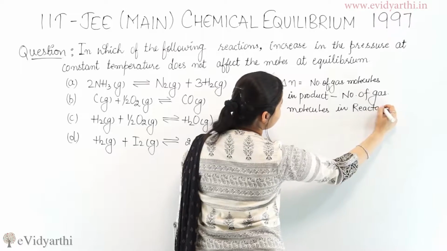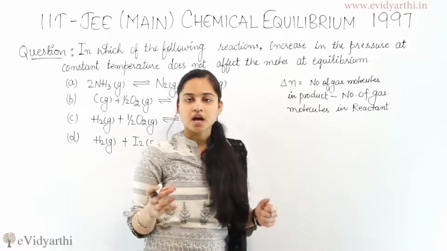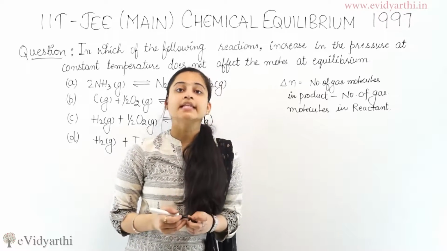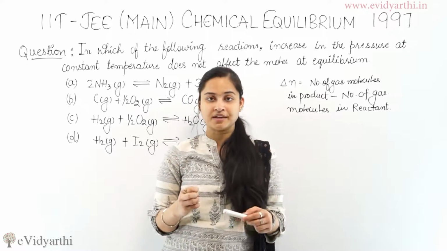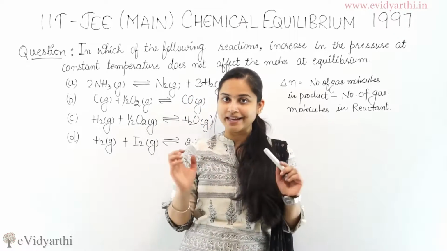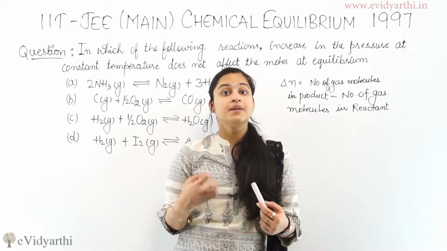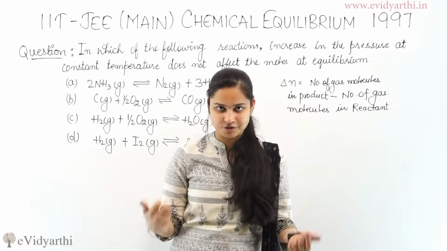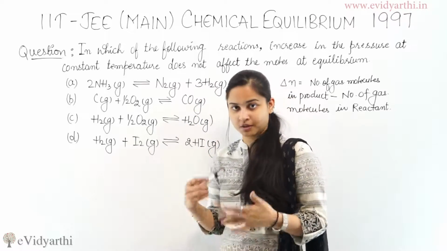This is delta N. So if our delta N value comes out to be 0, then in that particular equation or in that particular equilibrium, there would not be any change in the number of moles if we increase the pressure at constant temperature. Okay, so let's find out the value of delta N in these of the following equations.